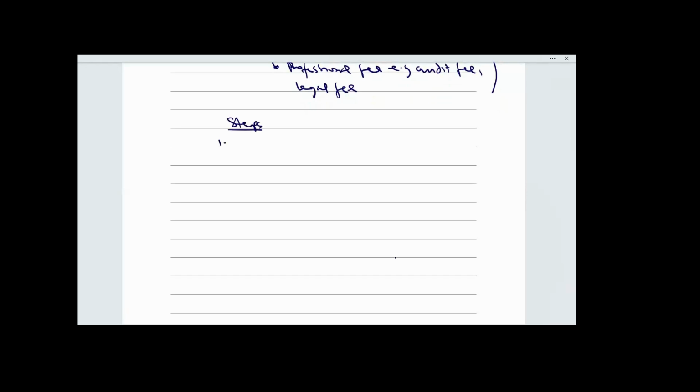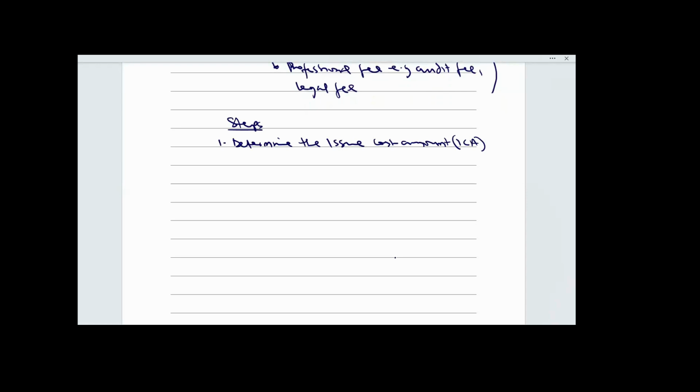Step one is to determine the issue cost amount, ICA. That's step one.